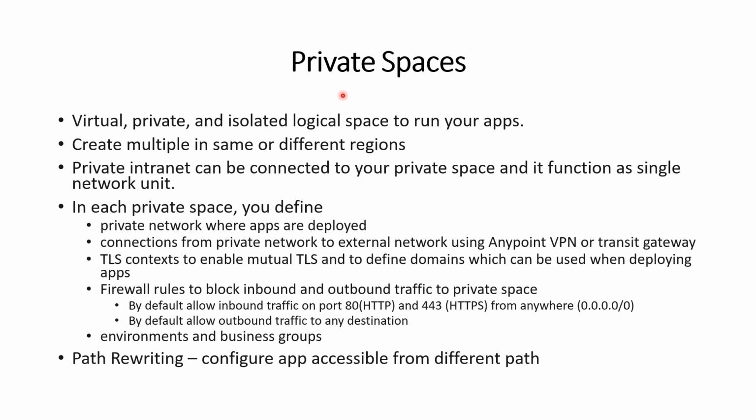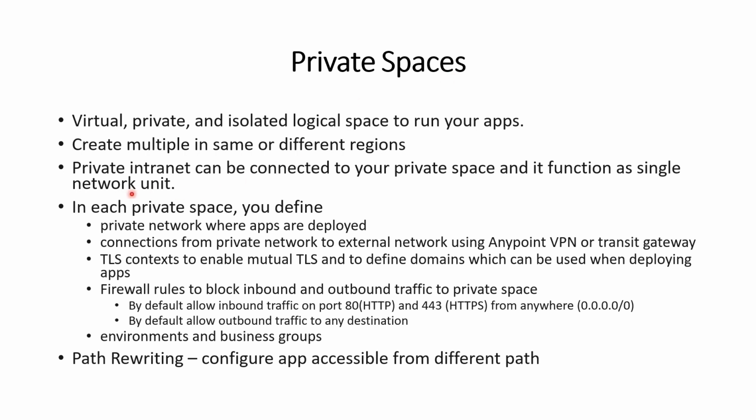In CloudHub 1.0, we used to configure VPC and DLB to provide a single tenancy environment where we can deploy the application. In CloudHub 2.0, we can provide a single tenancy environment using private space. So we need to define the private space. It's a private isolated logical space where you can run your application.